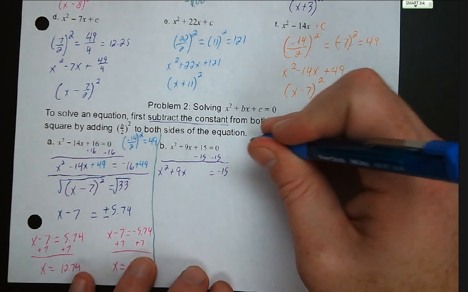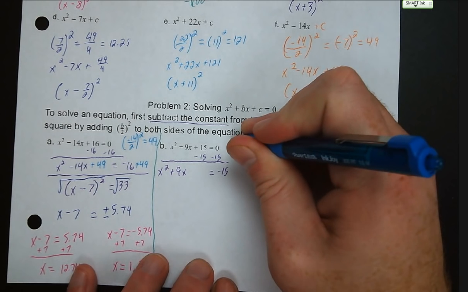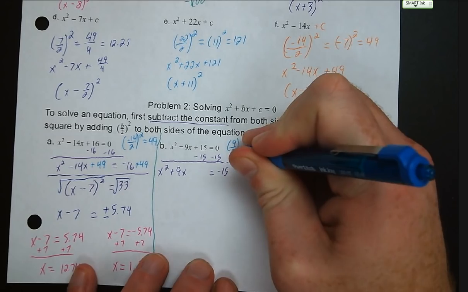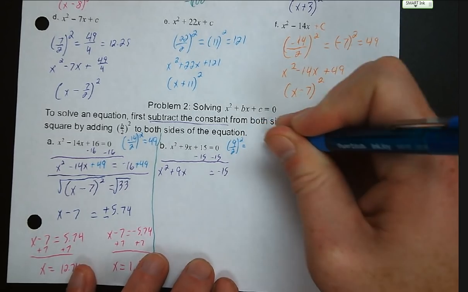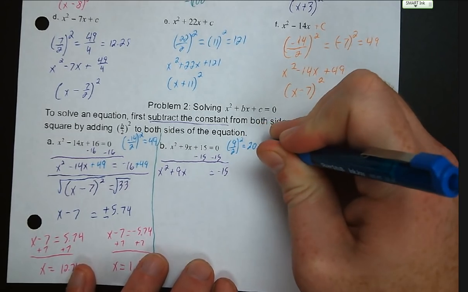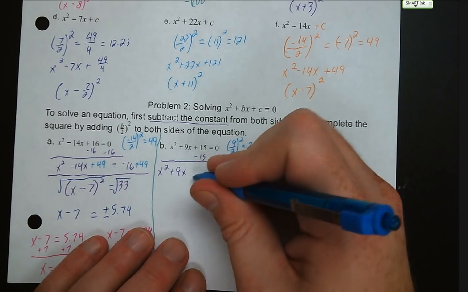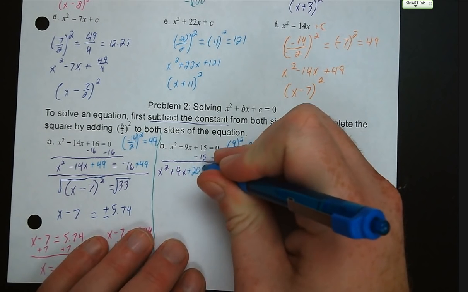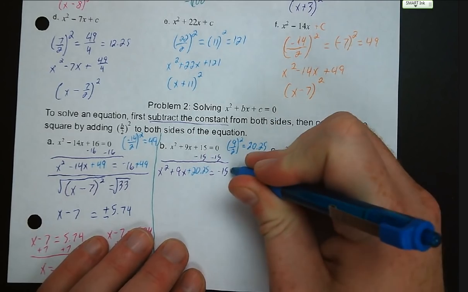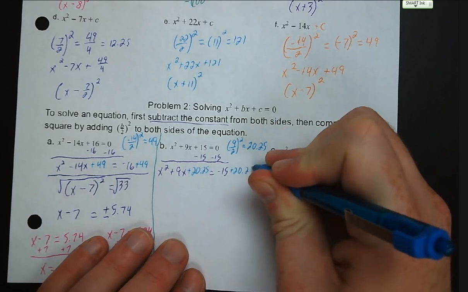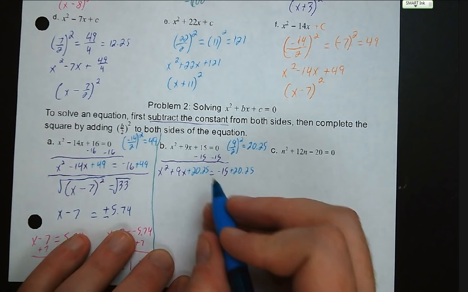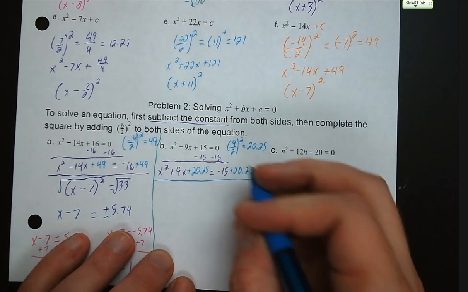So I have 9 over 2, the quantity squared, which is going to give me 20.25. Okay, so I'm going to add that in here. Plus 20.25, plus 20.25. Okay. Do the addition and do my factoring.